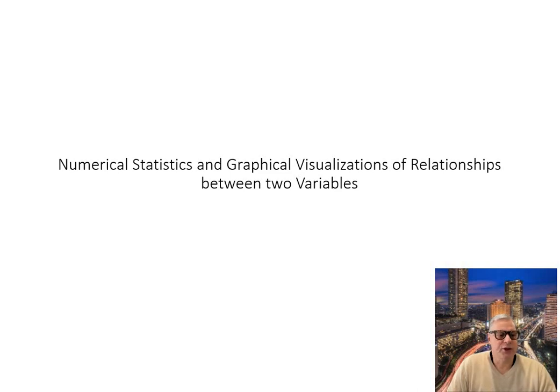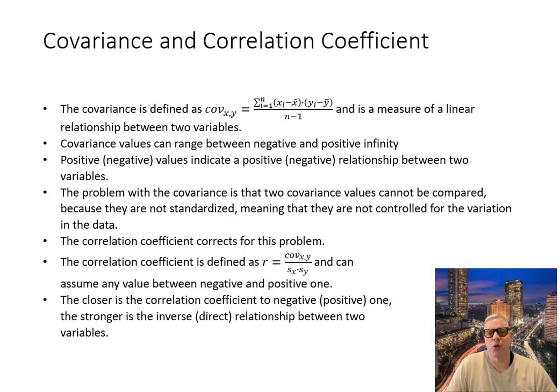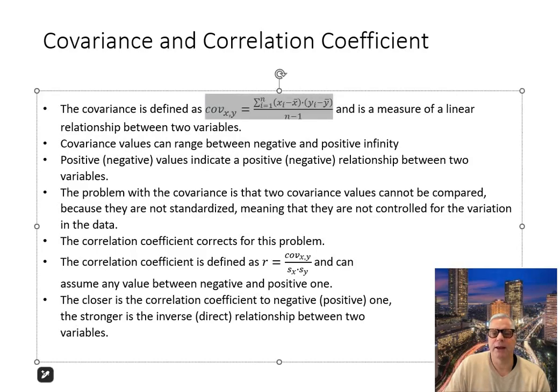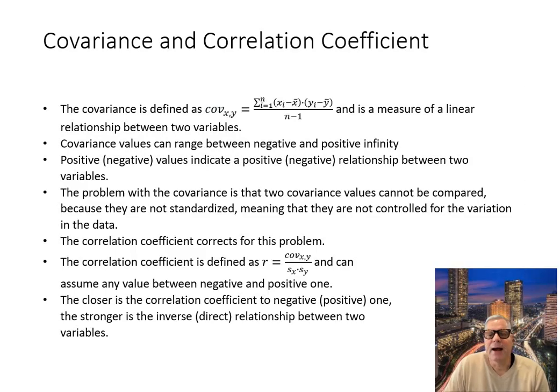Let's start with the concepts of covariance and the correlation coefficient. The covariance is defined by this formula here. You can see that it is basically the sum of all the products of the deviations from the mean for x and y.